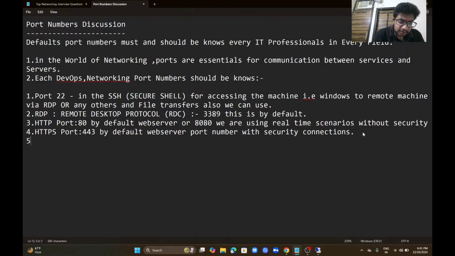And the CyberArk port number: 1858 is the default port number. By default, 7-layer security is enabled.